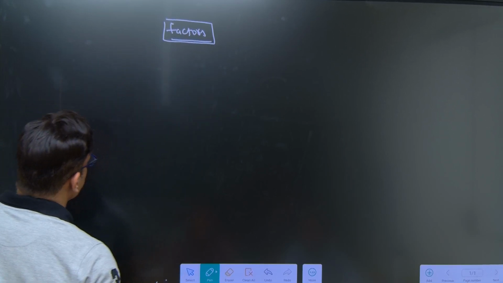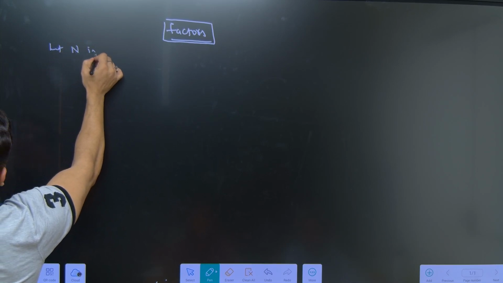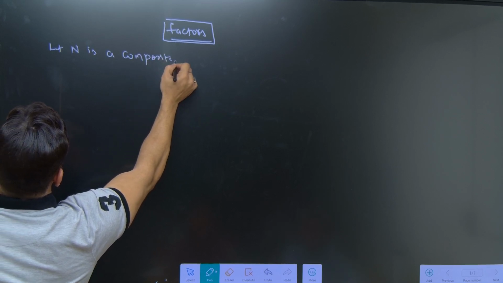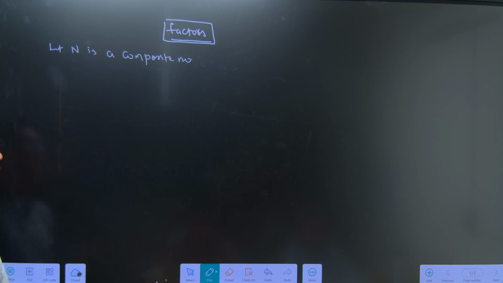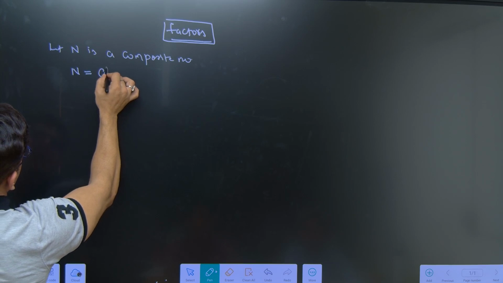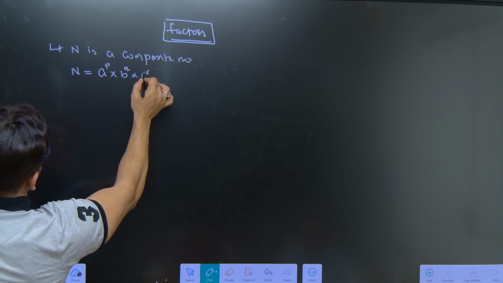So what is the meaning of prime factorization? Let us assume that n is some composite number. If n is any composite number, we can prime factorize it in the form of a raised to the power p into b raised to the power q into c raised to the power r and so on.